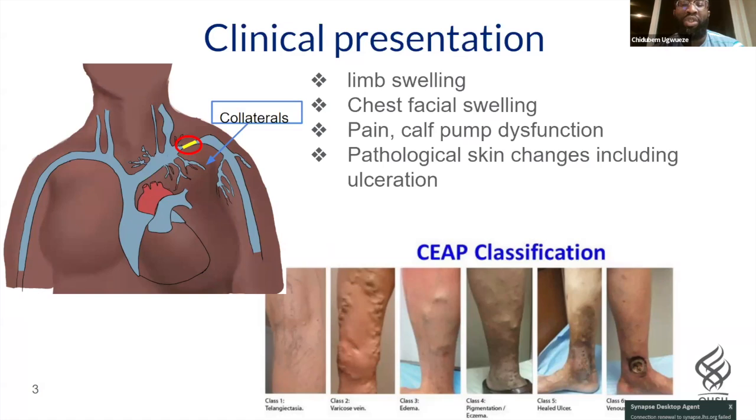The body responds by creating collaterals to get around the occlusion. If you create enough robust collaterals, you can actually be symptom-free. However, most people, after a while, find those collaterals are not enough to carry all the blood coming out of the affected limb, leading to symptoms like swelling, pain, ulceration, etc.